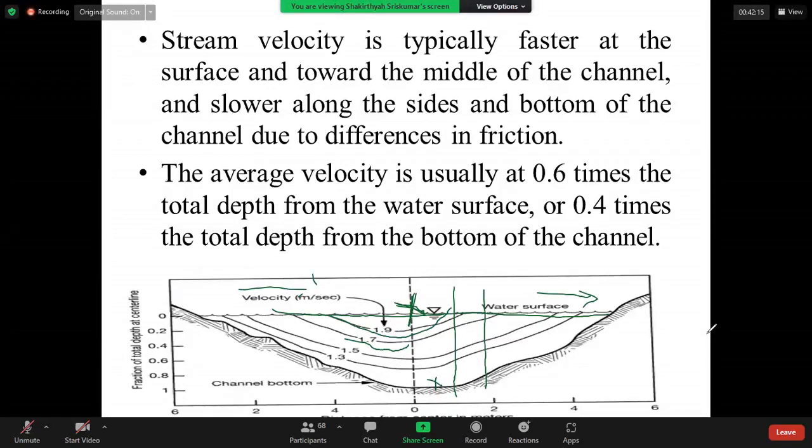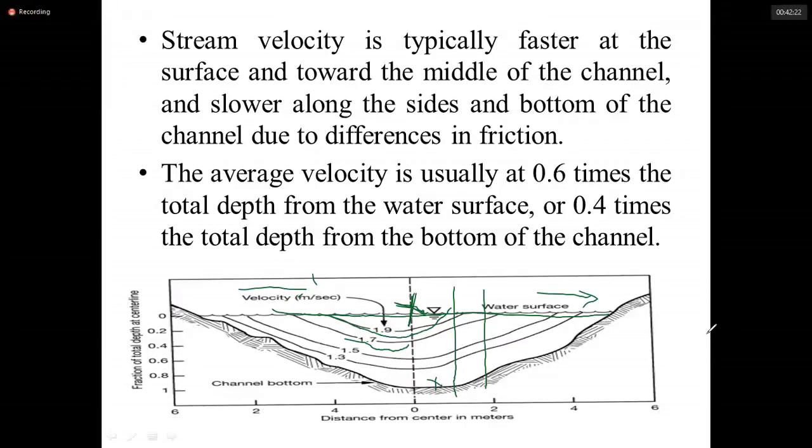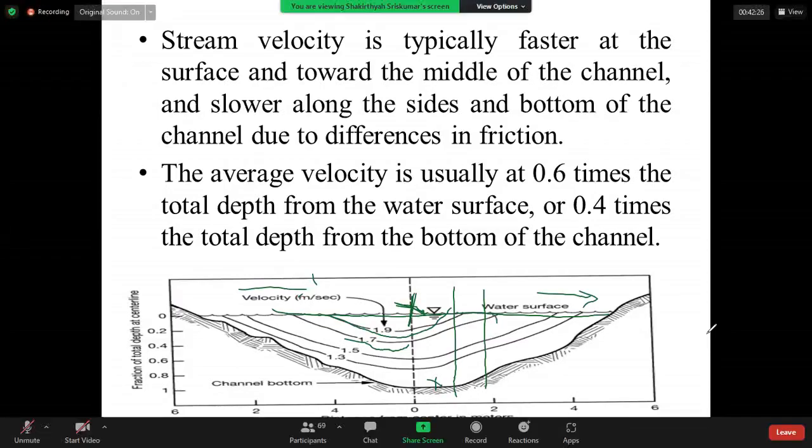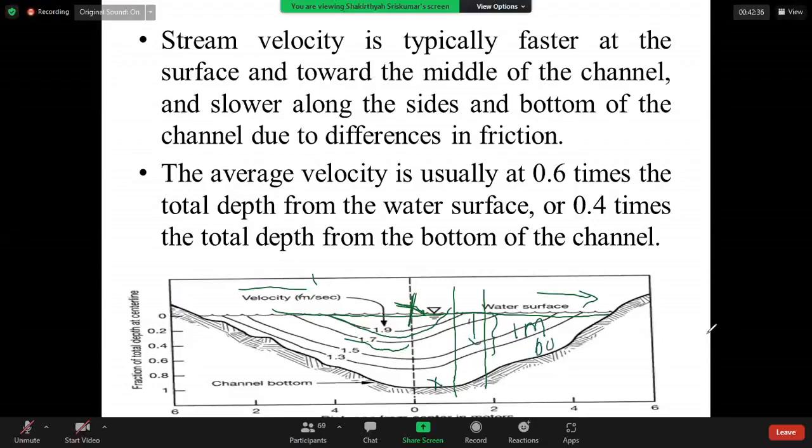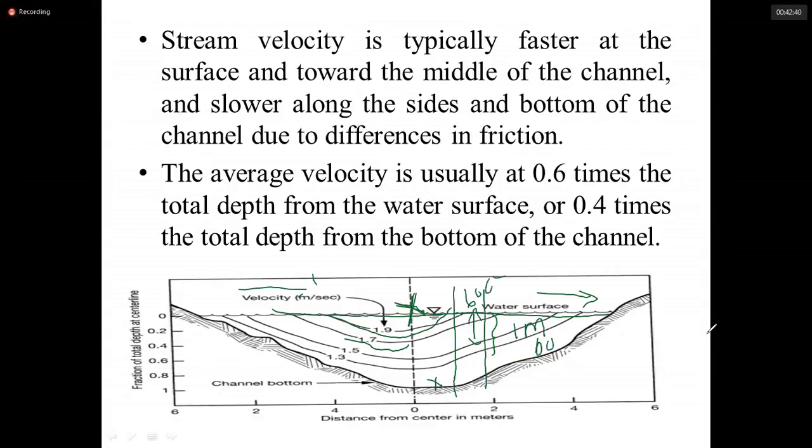If you take this portion, then how can you get the average one? So normally we consider the average velocity is usually at 0.6 times the total depth from the water surface. From the top, the 0.6. If it's 1 meter, the 0.6 is 60 centimeter from the surface, or in other words, 40 centimeter from the bottom.